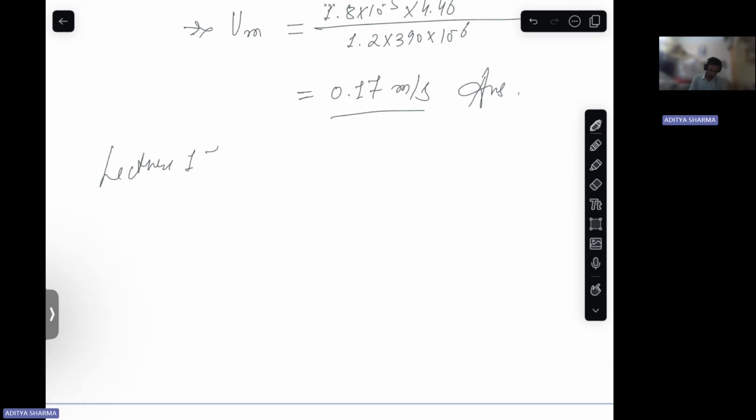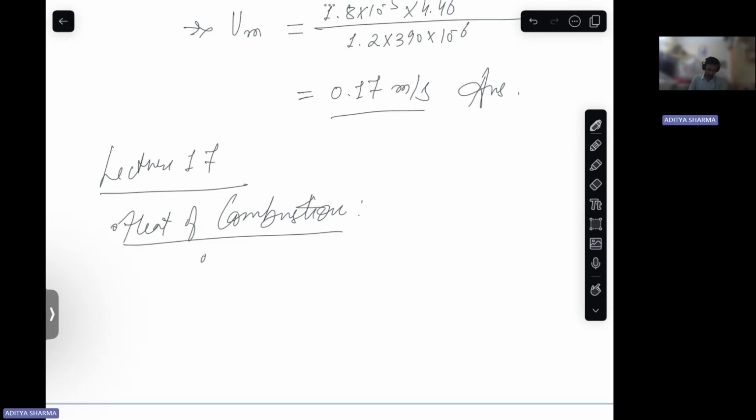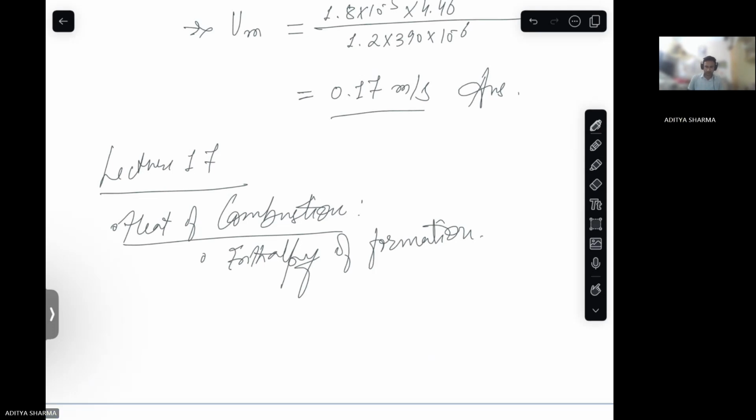Lecture number 17, heat of combustion. Here there are topics like enthalpy of formation. Enthalpy of formation is an important element that is used to calculate all these heats, right? Heat of combustion has been discussed in terms of your open system and closed system.